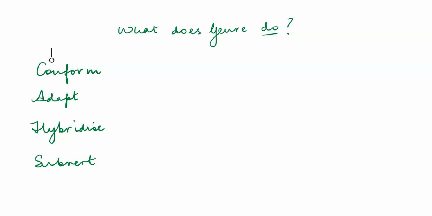So if you're thinking about a text which conforms to the conventions of a genre, think of Harry Potter conforming to the conventions of a Bildungsroman genre. For adapt, think of how the film Maleficent adapts the conventions of a fairy tale genre or a Bildungsroman genre to convey something.